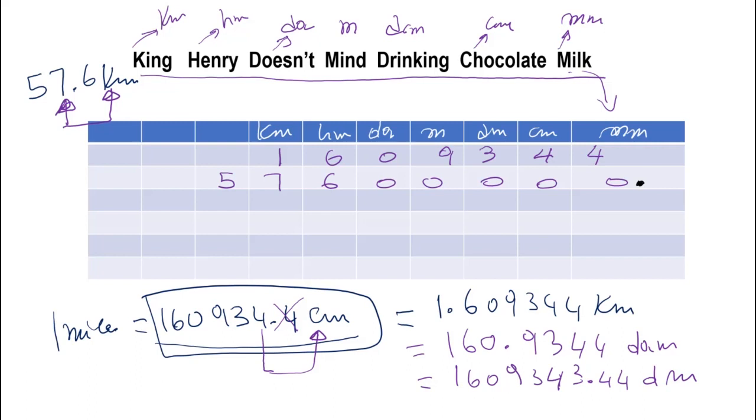So this is how we do it. You go to the whole number, put the first digit of your whole number in the unit. What is in the left goes to the left. What is in the right goes to the right. And then fill the empty spots with zeros. Then you move the decimal point to the unit you are looking for.